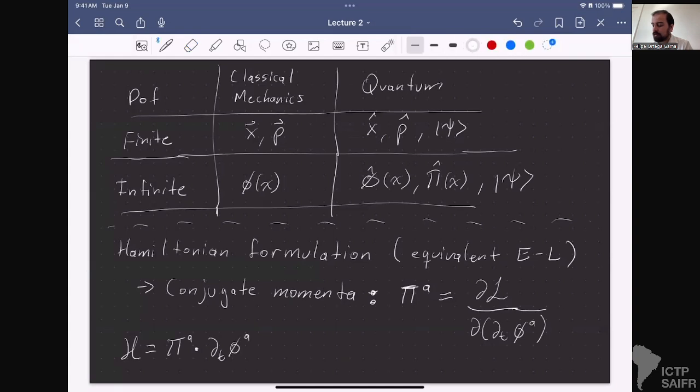So you have the index A being contracted here to sum over all the fields, minus the Lagrangian. And then you substitute each of the instances so that only pi A appears instead of whatever this value is.